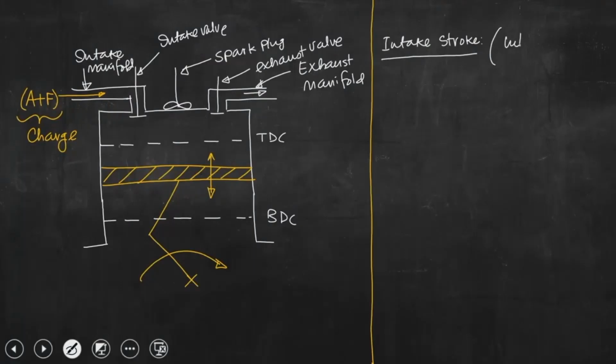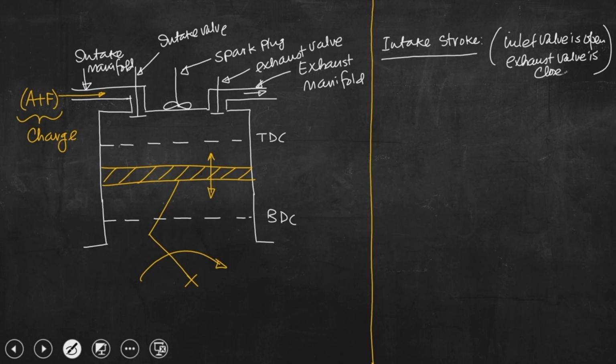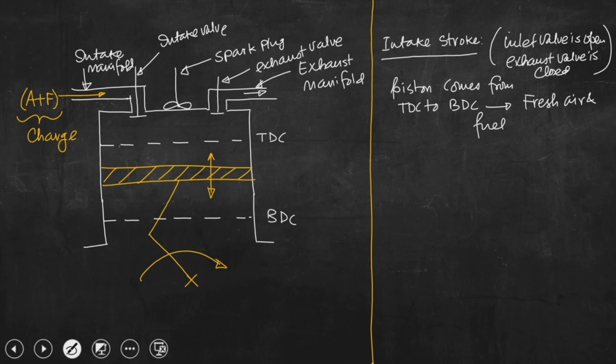The condition is: the inlet valve is open, the exhaust valve is closed, and the piston comes from TDC to BDC. The consequence is that fresh air and fuel are inducted into the cylinder.